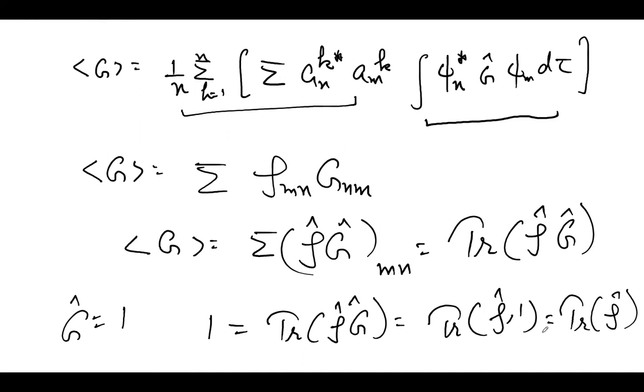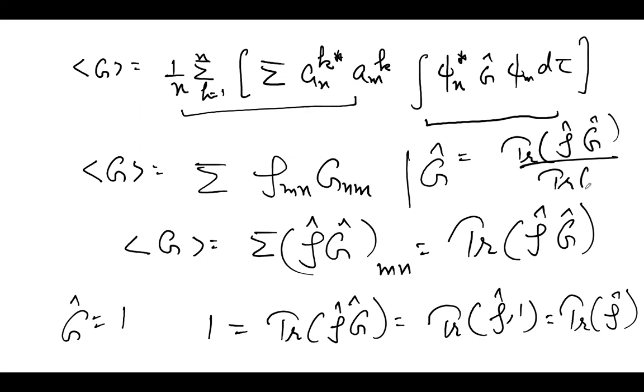And if the functions psi k are not normalized, then this operator G can be written as the average value, which I have already explained, that is the trace of rho G over the trace of rho.